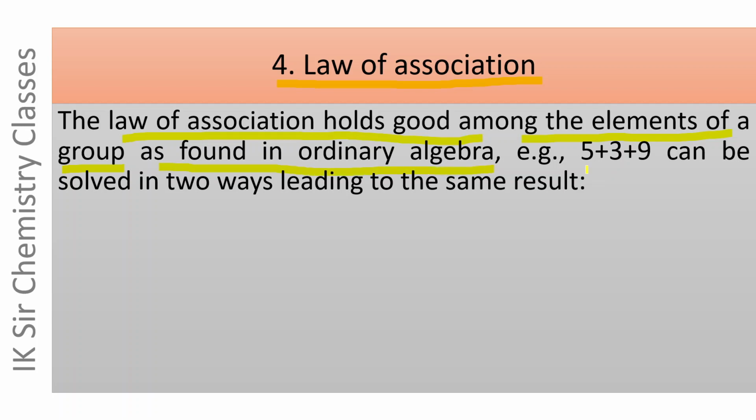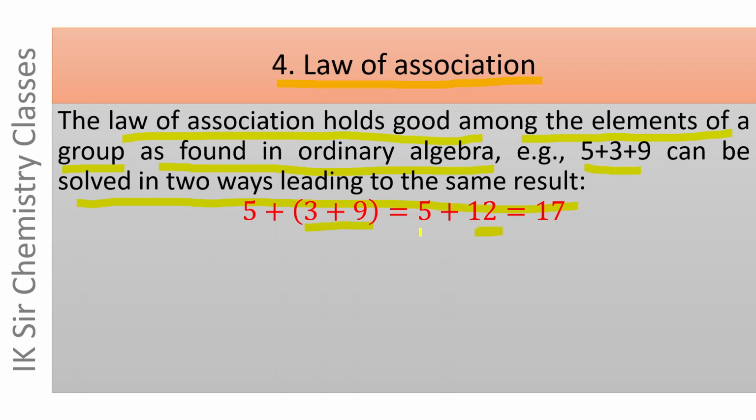For example, 5 plus 3 plus 9 can be solved in two ways leading to the same result. First of all, 3 and 9 are added, and the result of this addition is 12. Then 12 is added to 5. The net result is 17.